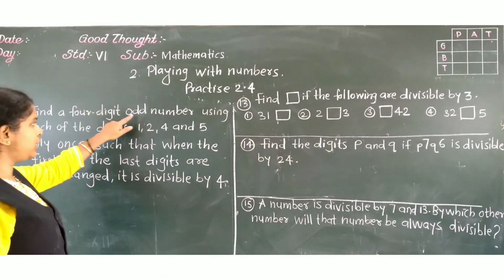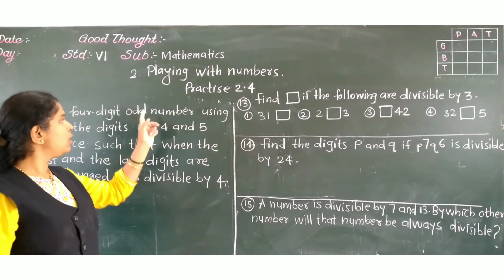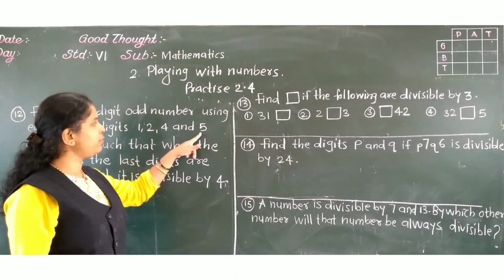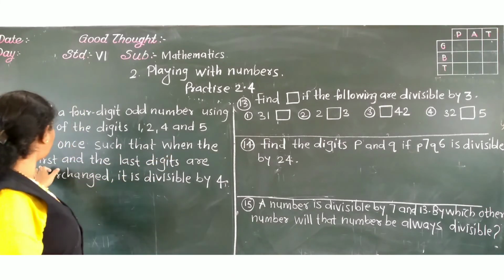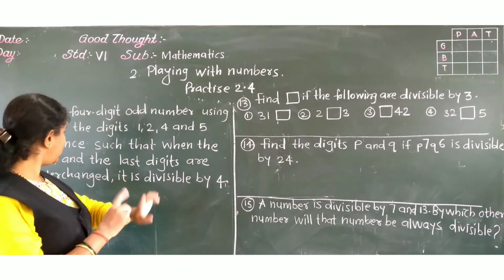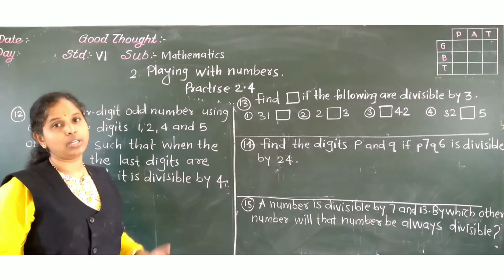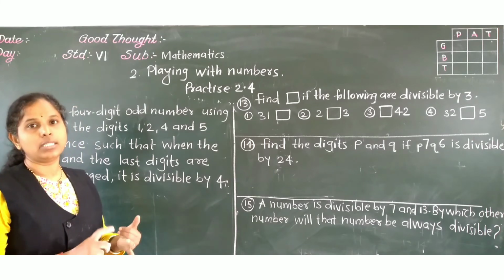Now students, see question number 14. Find a 4-digit odd number. We have to make a 4-digit odd number using each of the digits 1, 2, 4 and 5 only once, such that when the first and the last digits are interchanged, it is divisible by 4. See what is the condition? First of all, it should be a 4-digit odd number.